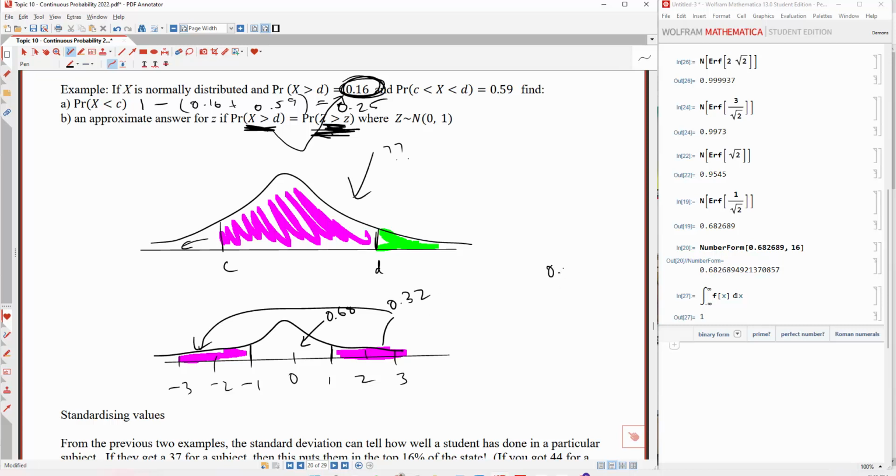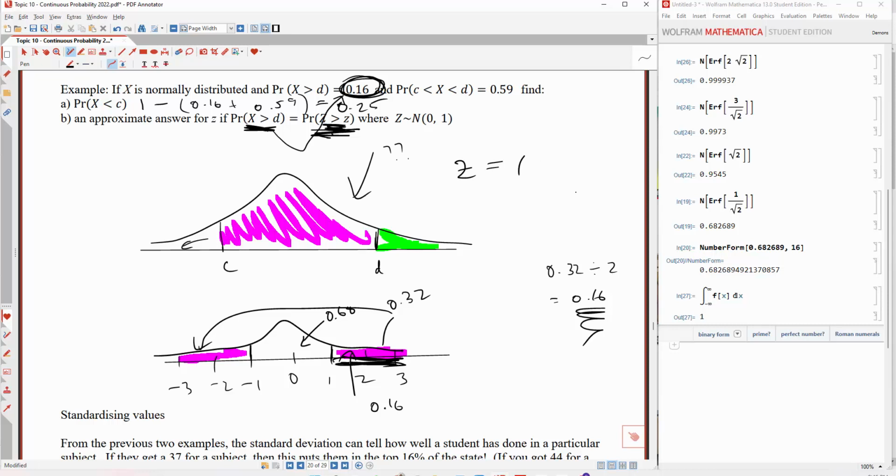Now what is 0.32 halved? 0.16. Aha. So I know that if both of these parts are 0.32, this part only is going to be 0.16, which means it is above 1 standard deviation. So the approximate answer for Z is when Z is equal to 1.